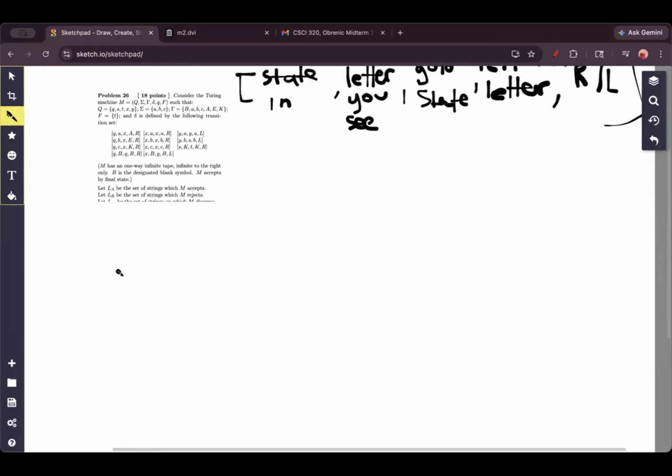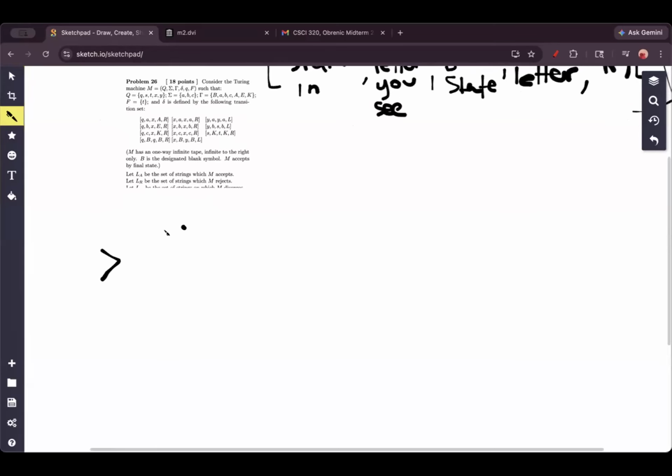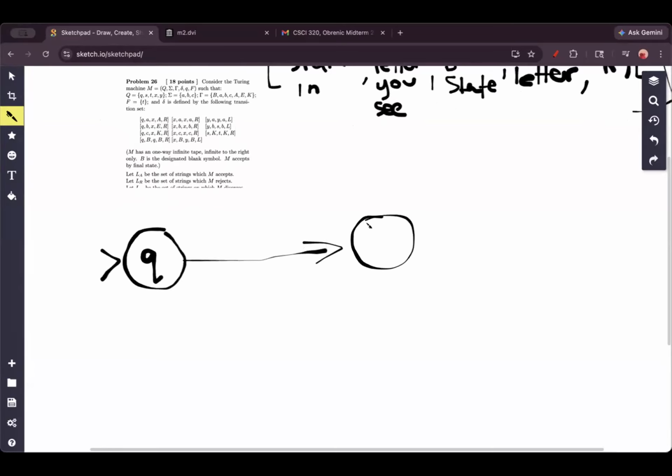We start off with state Q. In state Q, I could see a, b, or c, and they all take me to state X. So from state Q, I could go to state X, and what takes me is a, b, and c. And then I'm going to write what they transform into.